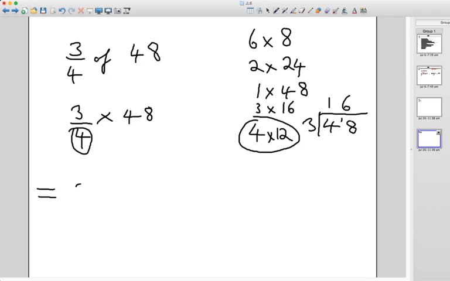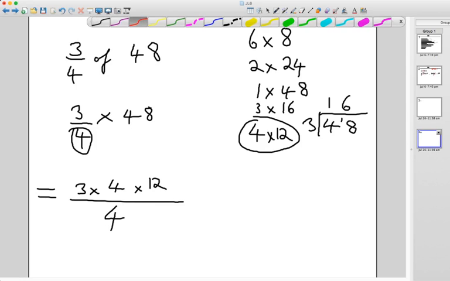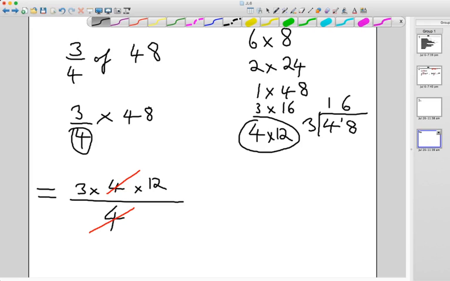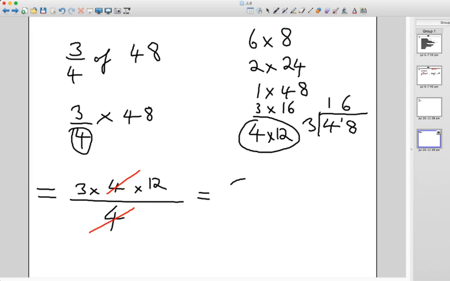So I can now rewrite this as 3 times 4 times 12 all over 4. 4's can cancel. 3 times 12, 36. That's your answer.